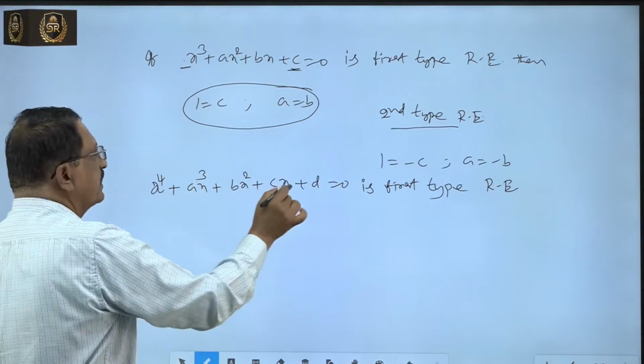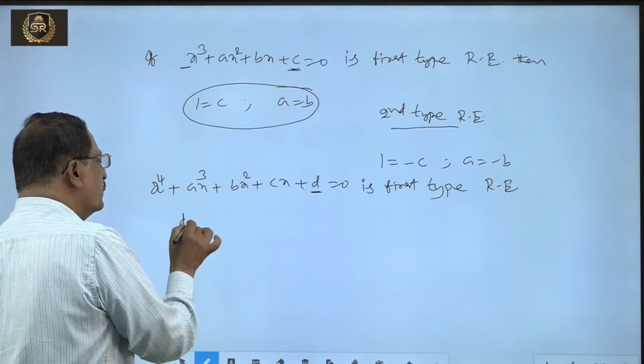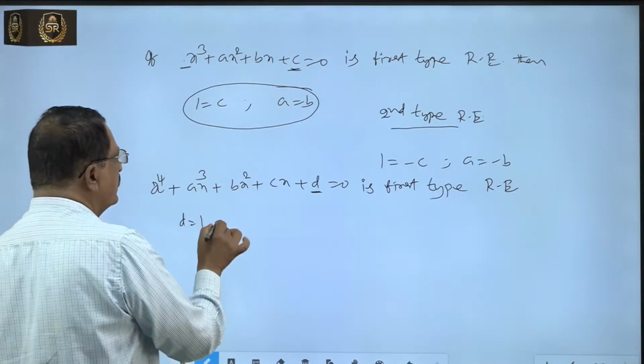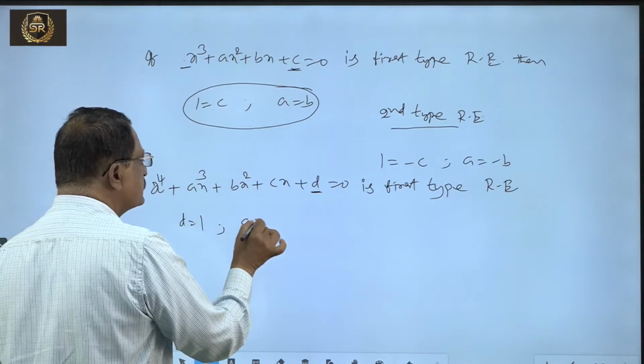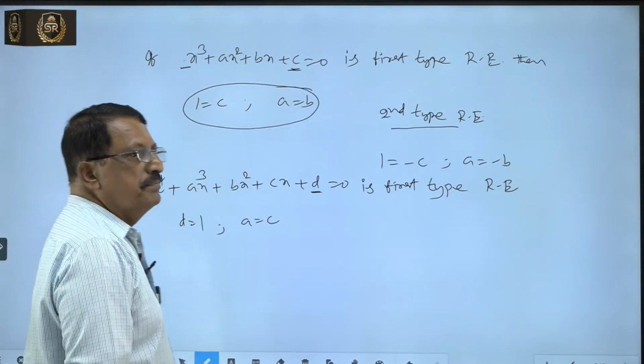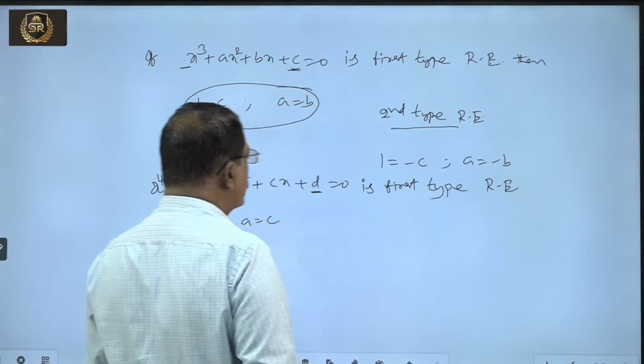The constant term must equal the coefficient of x to the power of 4. Next, the coefficient of x cube equals the coefficient of x: a equals c. b is any value. Then it is a first type reciprocal equation.